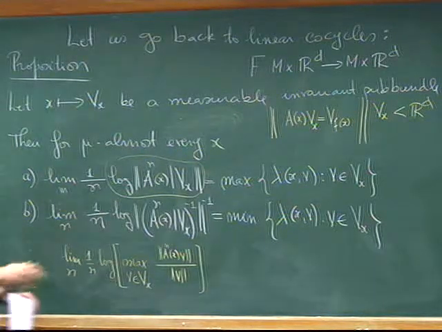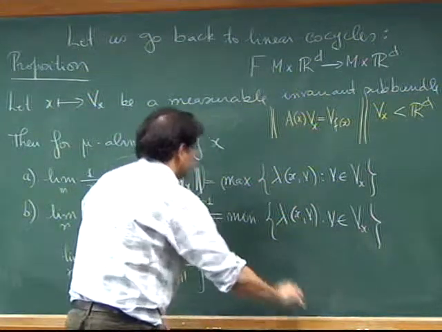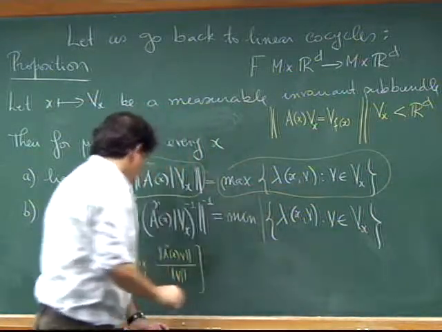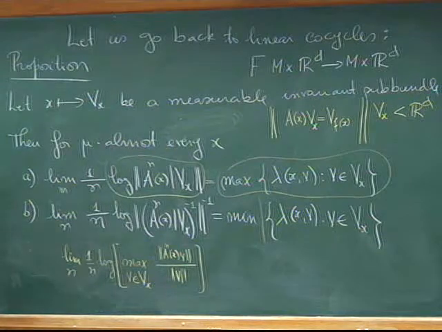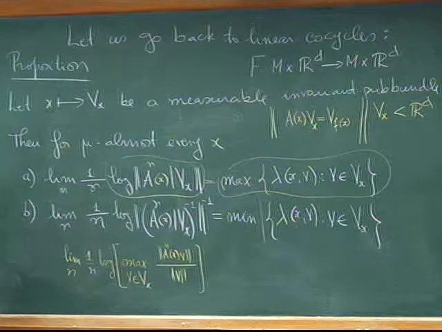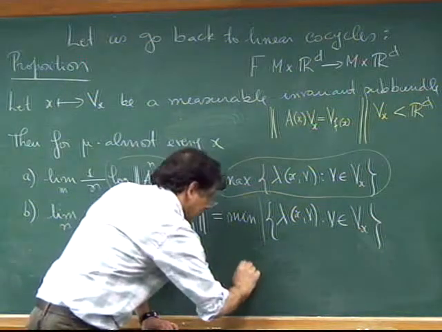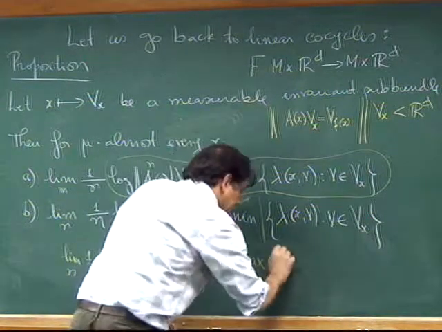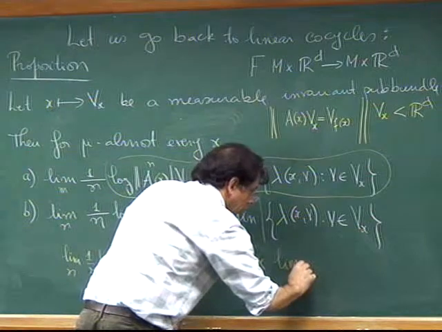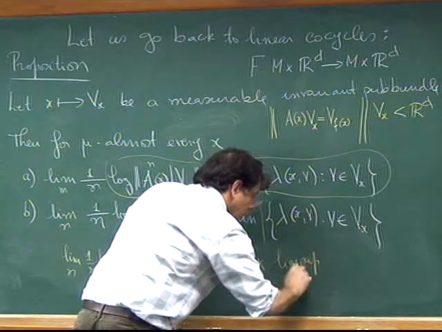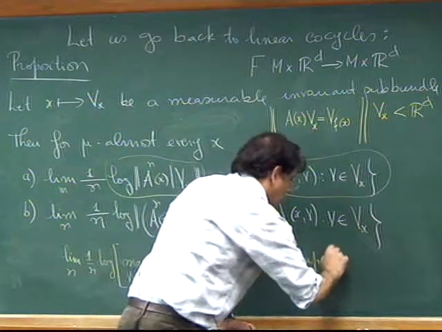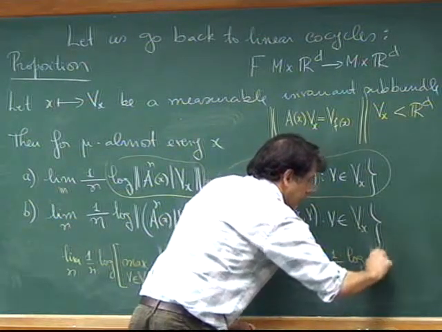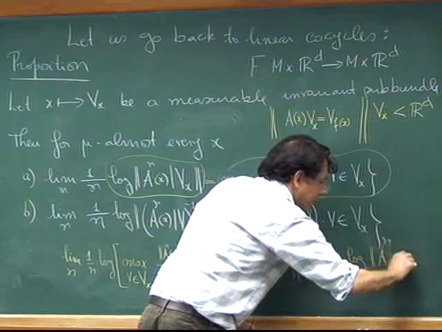What do we have here? Well, we have essentially the same thing, but the difference is important. We have the maximum over v of the limit, well, actually only lim sup over n, 1 over n log an of x v.